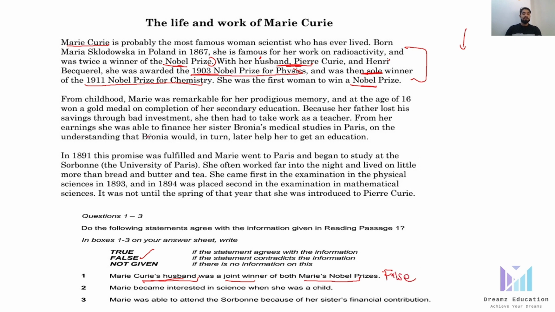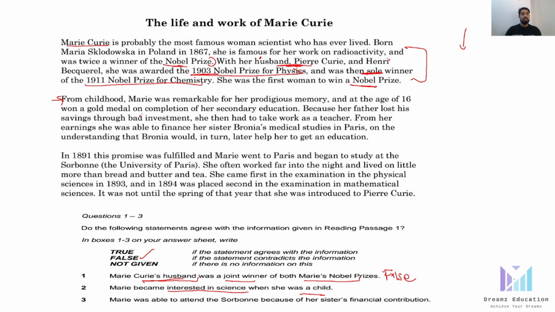Okay. Next question. Mary became interested in science when she was a child. Where they're talking about, from childhood, something here. Let's see. From childhood, Mary was remarkable for her prodigious memory and at the age of 16 won a gold medal on completion of her secondary education.